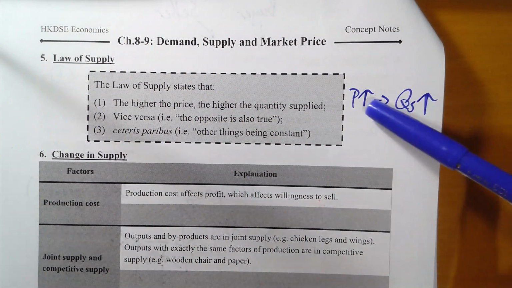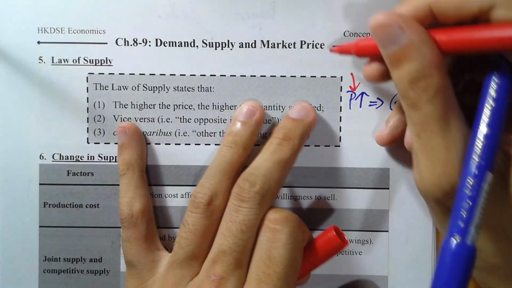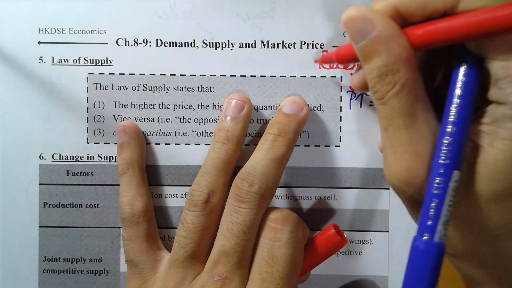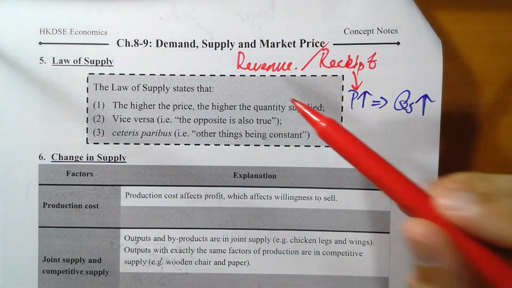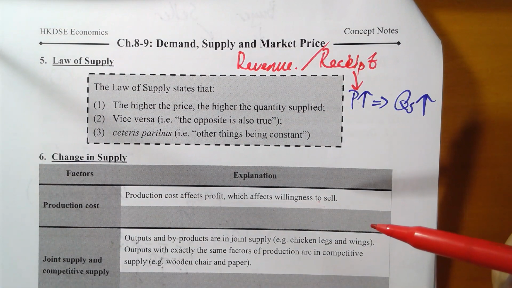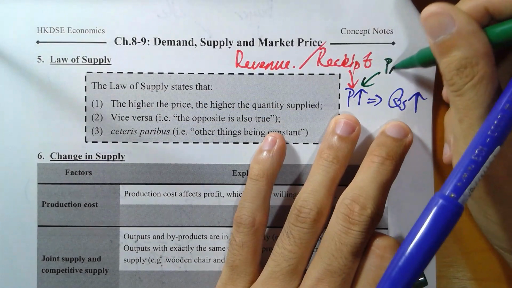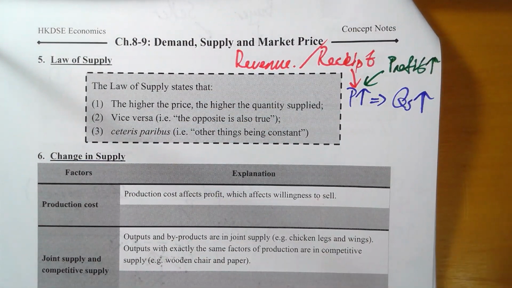Think about it. Price to a seller is a receipt or revenue. When revenue increases, profit would also increase. 當收入上升，成本不變。Increase revenue, cost unchanged, profit will increase.